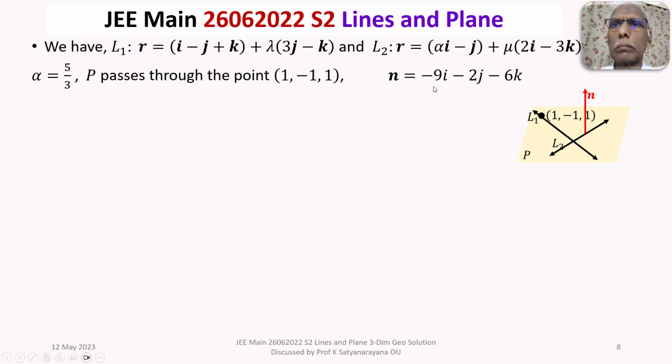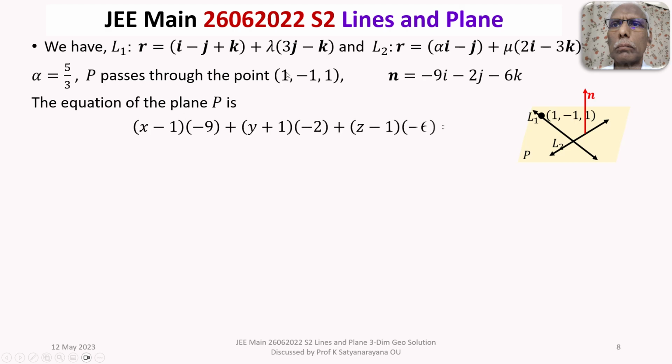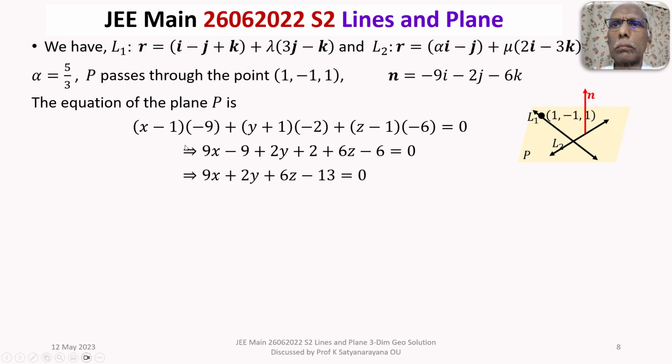That is, the equation of the plane P is (x - 1)(-9) + (y + 1)(-2) + (z - 1)(-6). This is a very standard formula that we have used. Right. Now cancel the minus throughout, multiply and simplify. We'll get the equation of the plane P as 9x + 2y + 6z - 13 = 0.